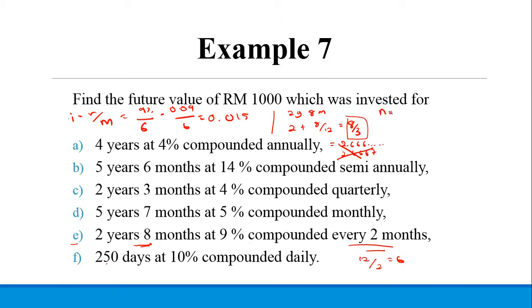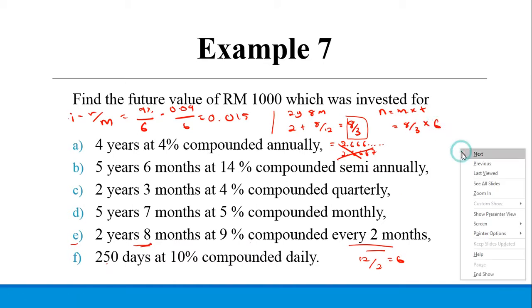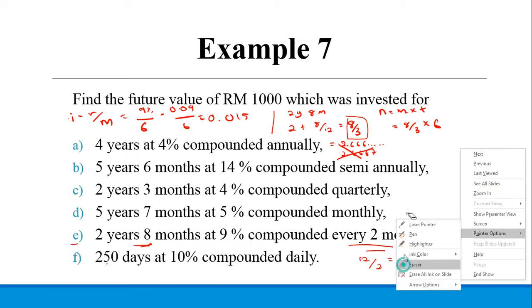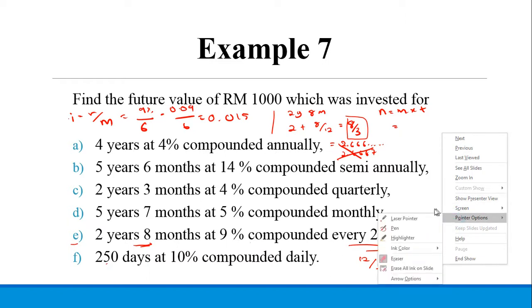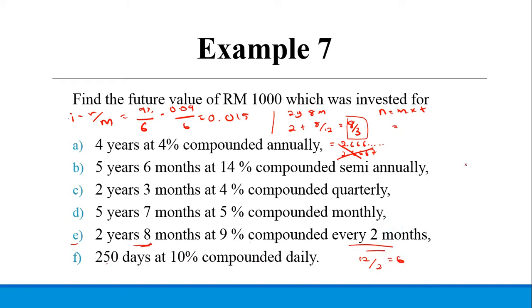So N is M multiplied by T, where M is 6 compounding periods per year, multiplied by 8 over 3.